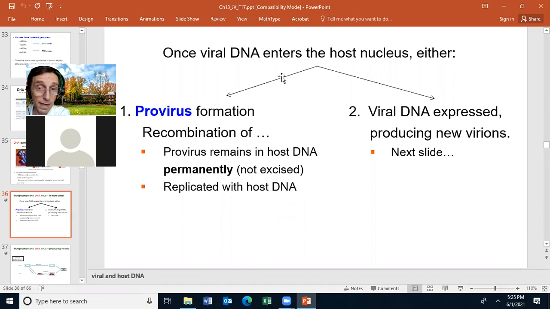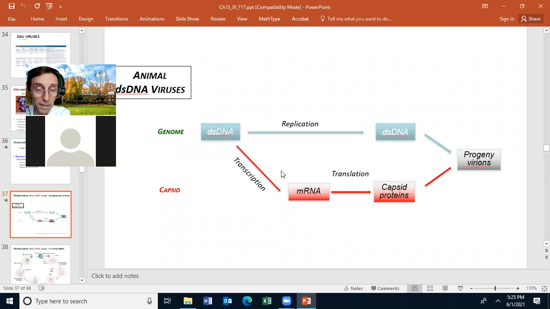The viral DNA can also be expressed, producing new virions. So the viral DNA will be expressed, and the capsid proteins will be made. The viral DNA will be copied and inserted into the capsid, and then new viruses will be produced. And that's probably shown in the next slide. So the double-stranded DNA, we're only talking about that virus now because it's just easiest to talk about, will be replicated, making new viral DNA.